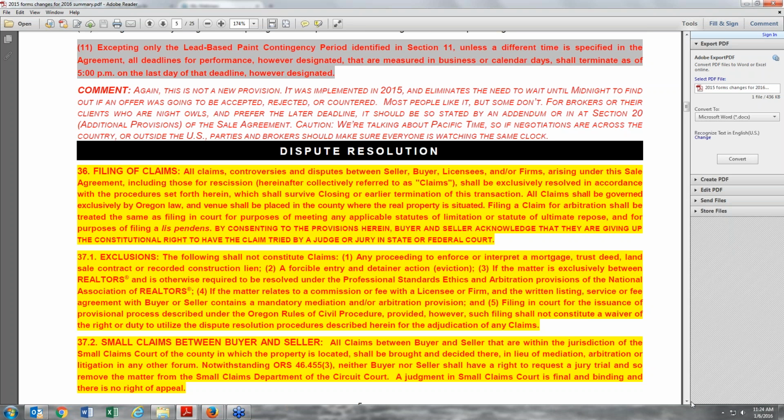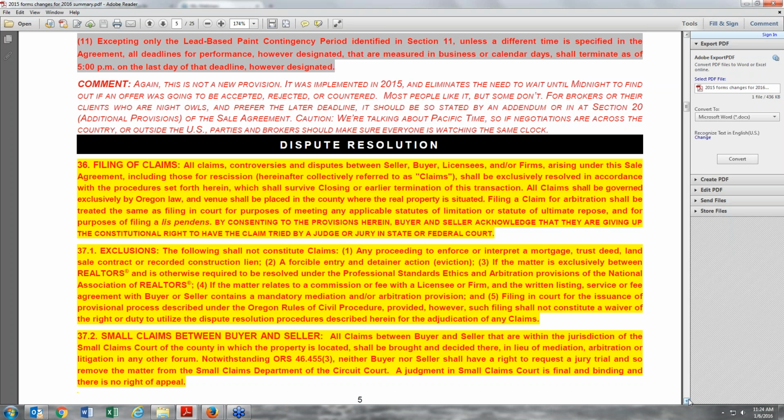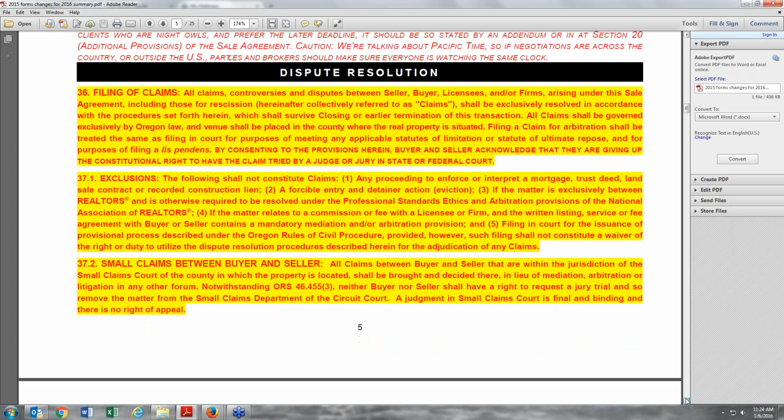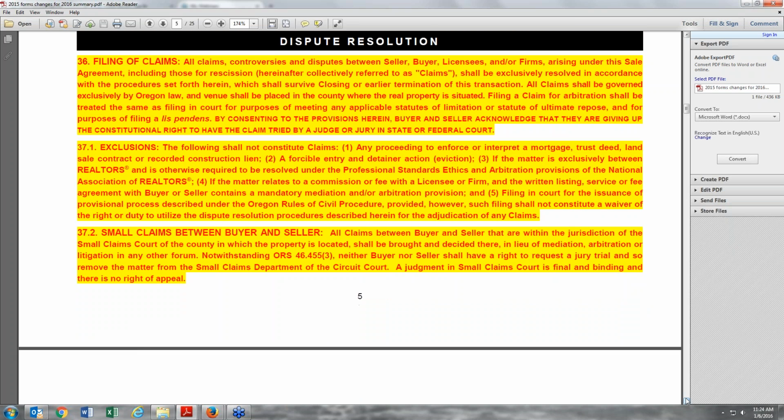All right, dispute resolution. The dispute resolution section of the sale agreement has not substantively been changed, but it has been condensed. The reason is that we were wasting an awful lot of space identifying the difference between disputes between party versus party and party versus real estate licensee.